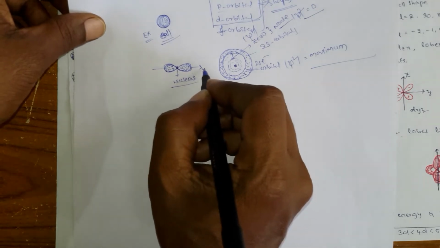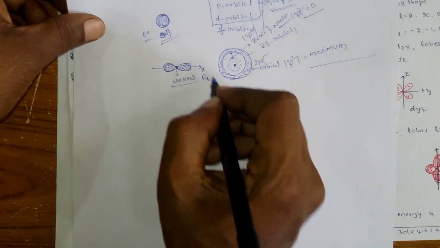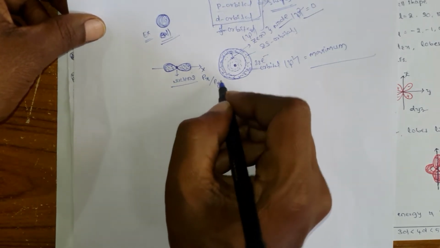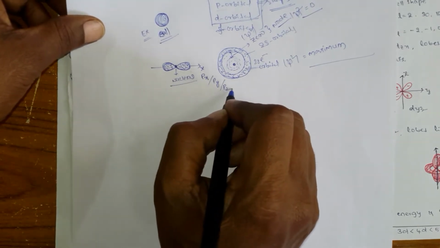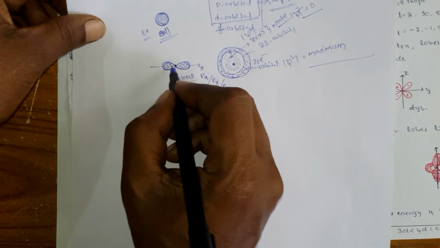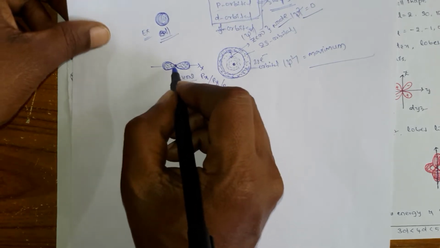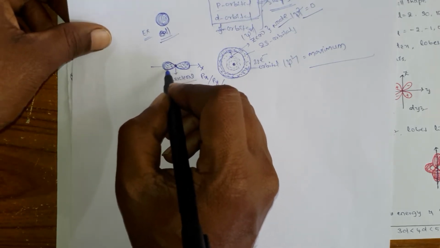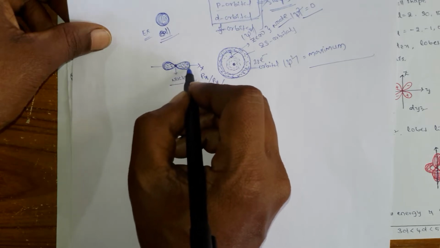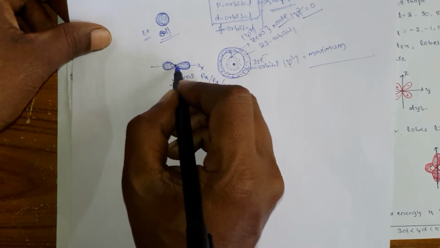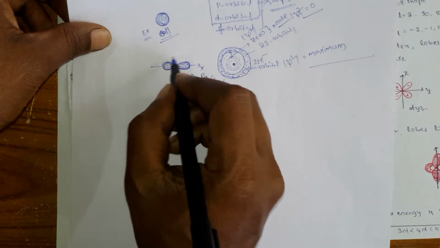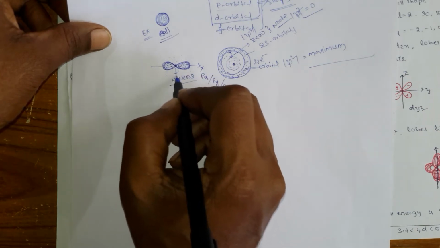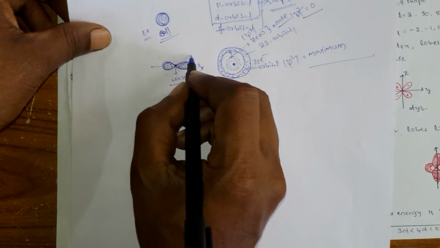Okay, if this is along the y axis, then you can say it is a py. If it is along the z axis, then you can say it is a pz. Okay, right? So that means the finding of a p electron is maximum in this shape only. Outside that, above or below, the finding of an electron is very less.